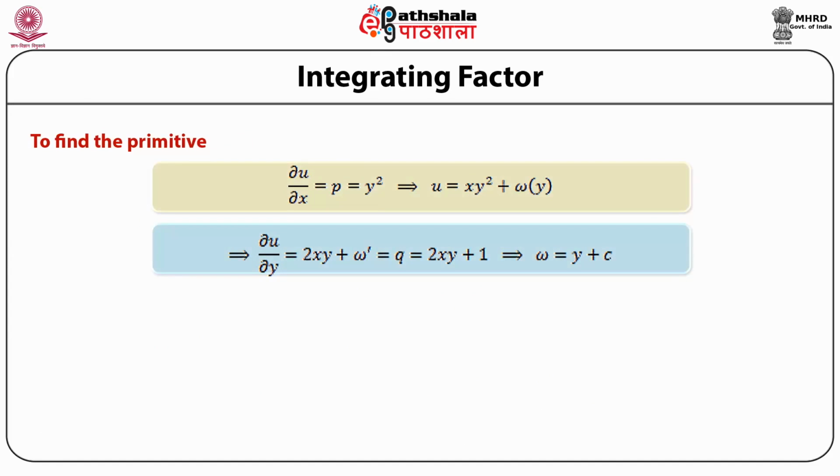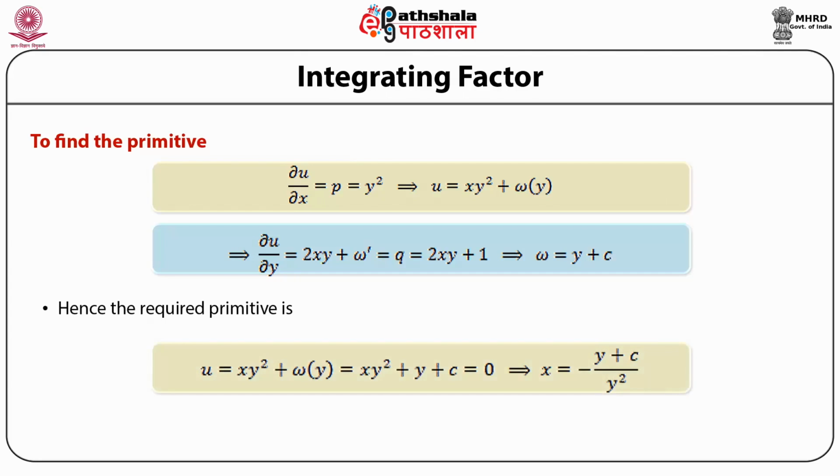To find the primitive now, we know del u by del x is equal to p, which is equal to y square. This implies u is equal to x y square plus w of y. Similarly, del u by del y is equal to 2xy plus w prime, which is equal to q and is given by 2xy plus 1. This gives w is equal to y plus c.